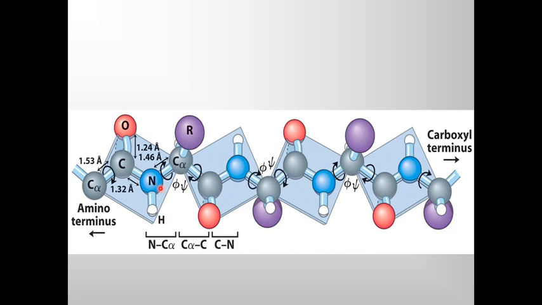The CN or the CONH bond is along the paper, or I can say it's along your computer screen. Whereas the C alpha R is pointing towards you, or it's pointing up.